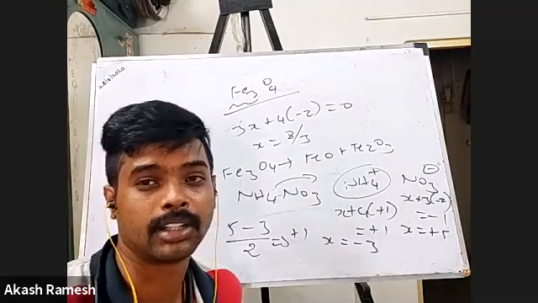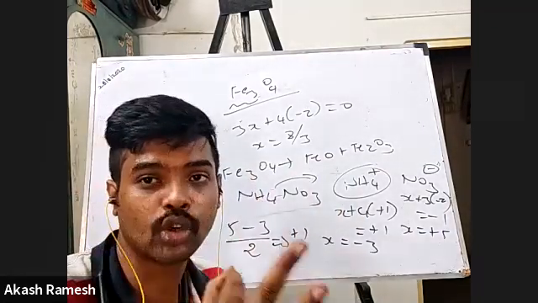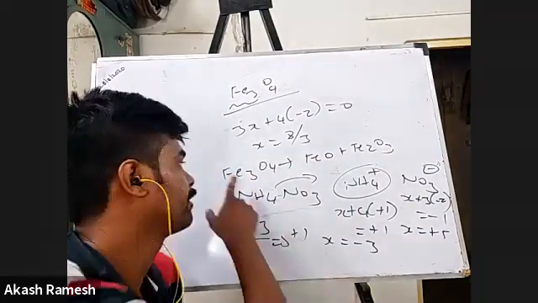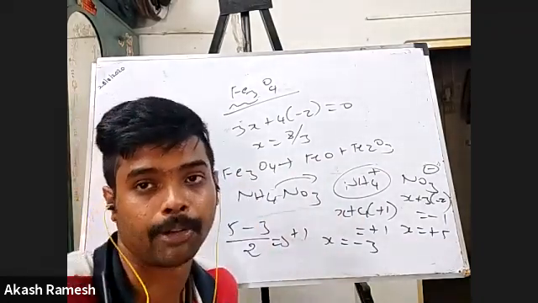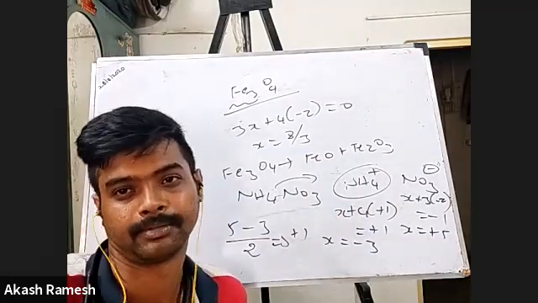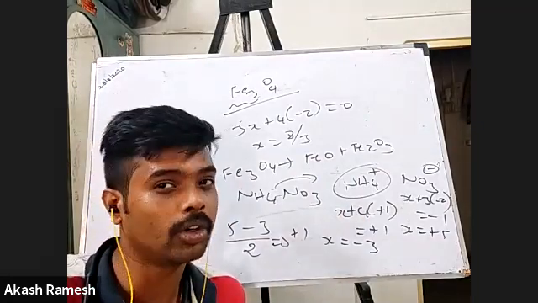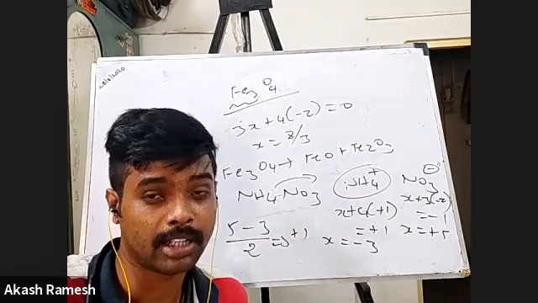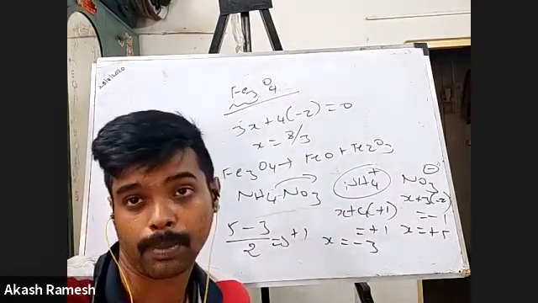This is what is called ferroferric oxide, Fe3O4. The name of the compound is ferroferric oxide. I know iron can exist in 2 oxidation states, +2 and +3.